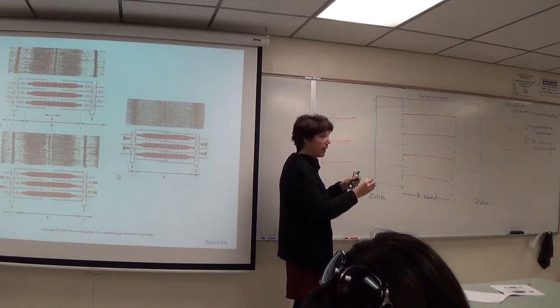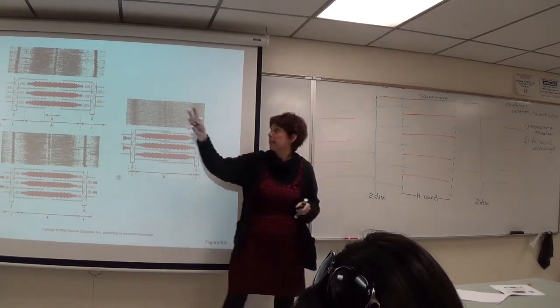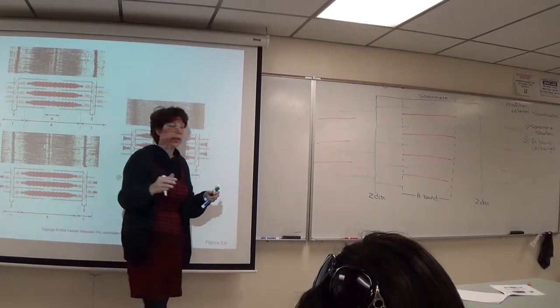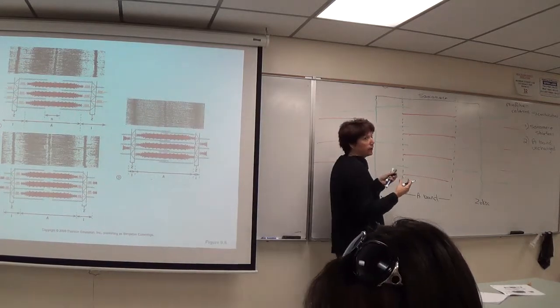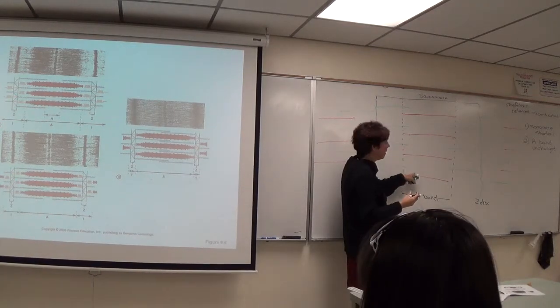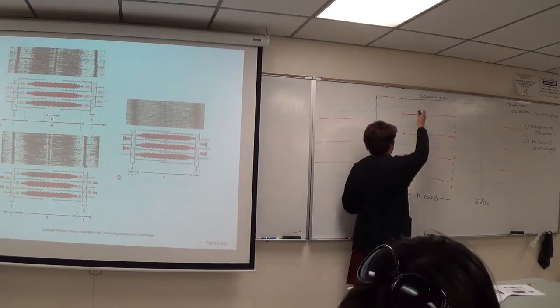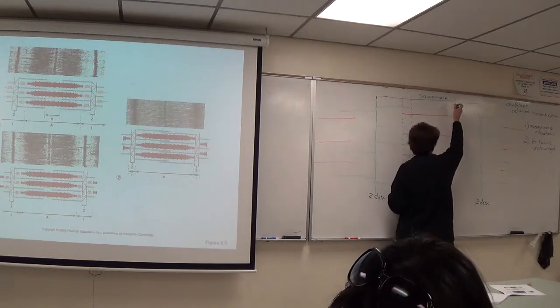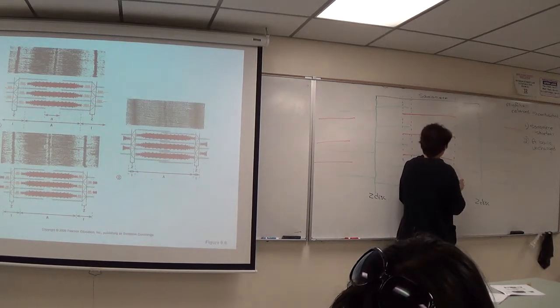Now within the A band, we have a lighter area, what you see here, which is lighter because actin is not overlapping it. So here actin is barely overlapping the myosin. So we have a very wide H band or H zone. Either one is fine.